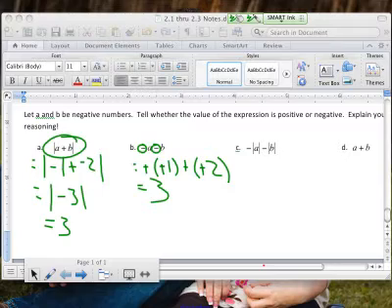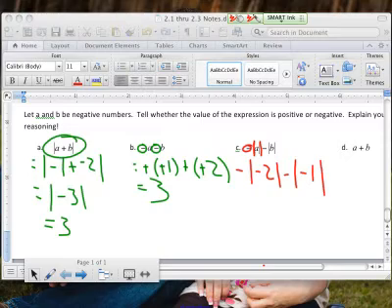Part C, okay, if A and B are both negative, well, the absolute values will be positive, but you'll notice the negative sign is out in front of the absolute value, so what you have is the opposite of the absolute value of negative 2 minus the absolute value of negative 1. Okay, well, you don't change this right now and say, okay, so plus plus. No, it doesn't work that way.